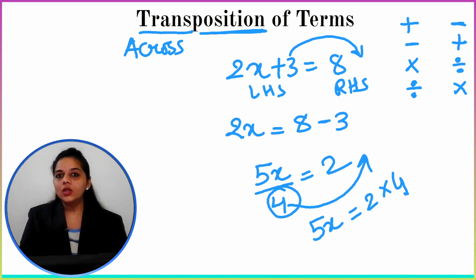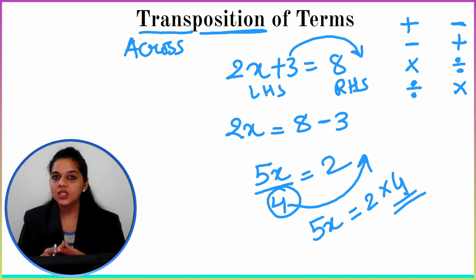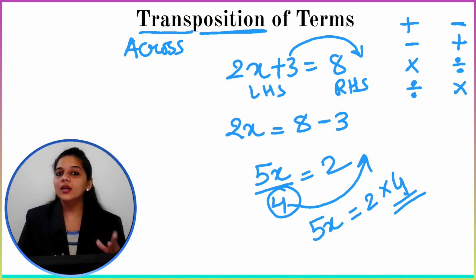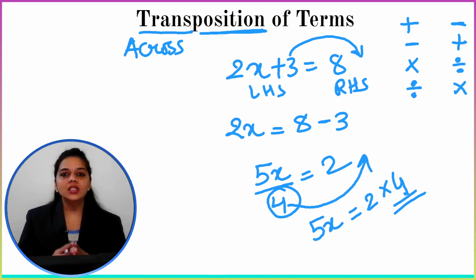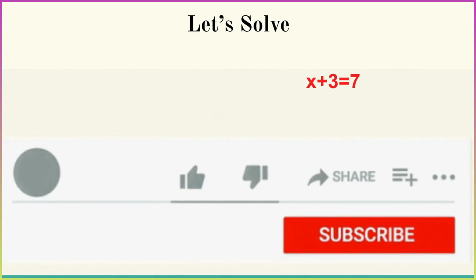Now when you are taking it to the right hand side, it will become multiply. Okay, the sign will be changed. So 2 multiplied by 4. This is called transposition of terms: changing the position of terms from one side to another side with changing the sign as well. This is known as transposition of terms.